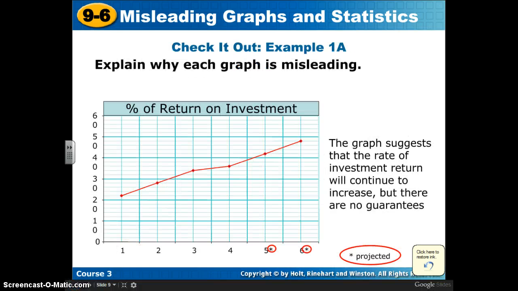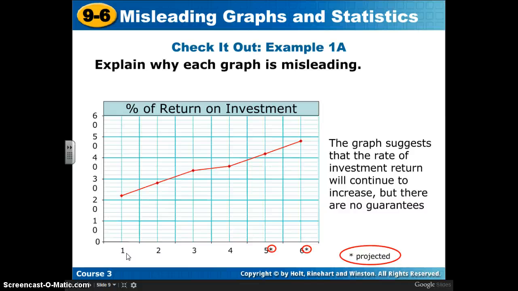Moving forward, this graph is misleading. If you take a look at it and you also read the text here, it is the percent of return on investment, and we got 10%, 20%, 30% going up on the y-axis, and we're talking about years across the x-axis. If you look at year 5 and year 6, they have not happened yet.